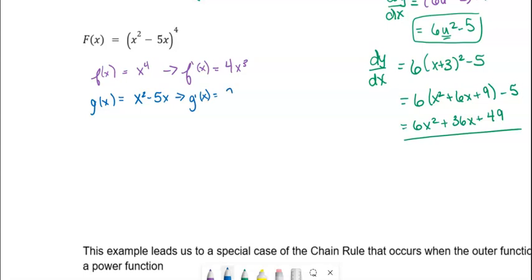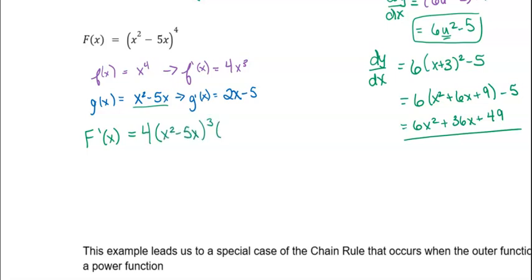The derivative of that function is 2x minus 5. Putting it together, sorry, it's f of x this time, capital F of x. So I have 4, and instead of the x, I'm going to write what x is, to the power 3, multiplied by the derivative of g of x.